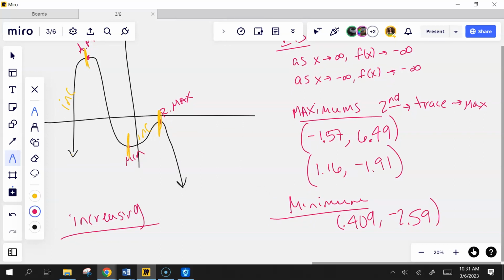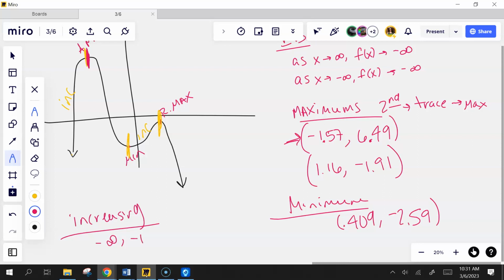Always start furthest left. I'm going to go negative infinity, and then I'm going to stop at this absolute maximum here. What is that x coordinate? That's this one.